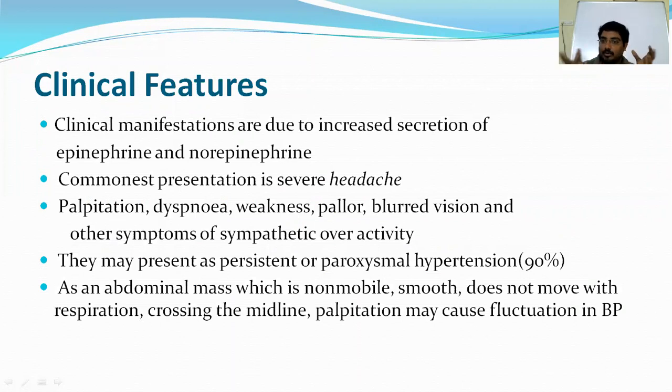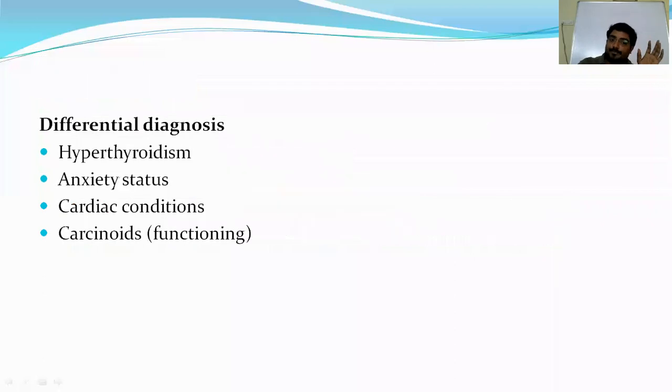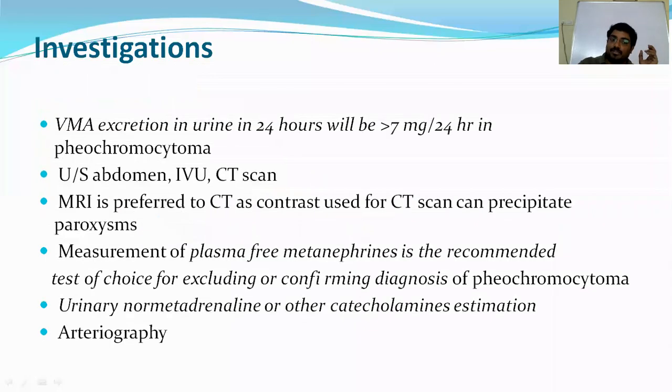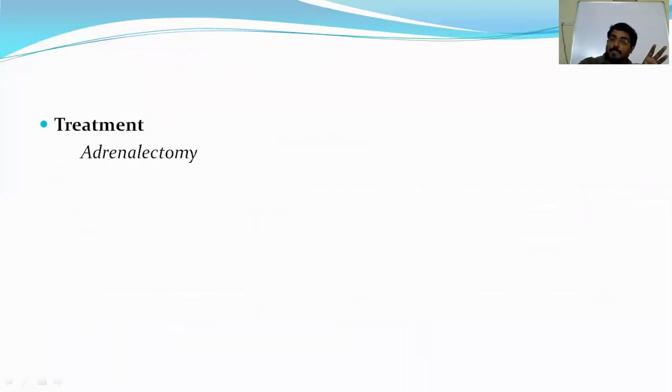Already I told you about the tumor, and hypertension, encephalopathy, cardiac arrhythmias. Differential diagnosis: hyperthyroidism, anxiety states, cardiac conditions, Cushing's, and carcinoids. Investigations: USG, IVU, CT, VMA levels, MRI, plasma-free metanephrines, urinary nor-metanephrine, arteriography, MIBG scan.